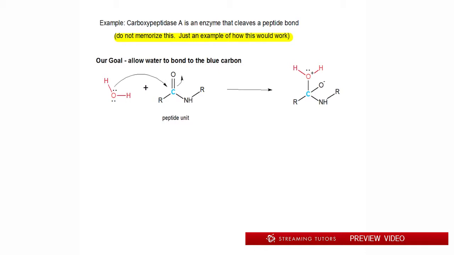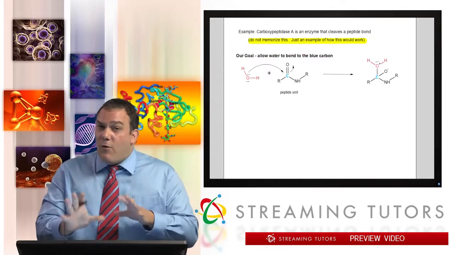You'll appreciate the value. Now, carboxypeptidase A is an enzyme that's in our bodies. And what it does is it breaks apart polypeptides. It breaks peptides apart in our system. So this is part of our digestive system. We release carboxypeptidase A into our environment, and then it grabs onto a peptide and it breaks the peptide apart. That's what it does. Now, what we want to do is figure out how we would do this.